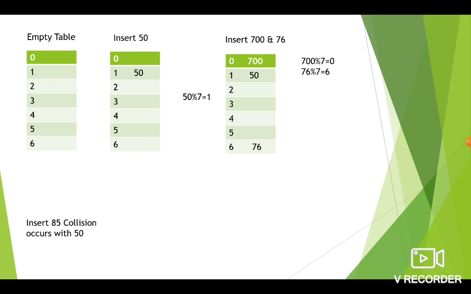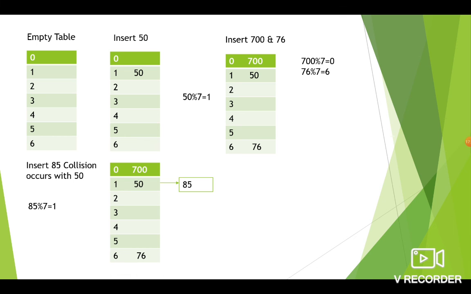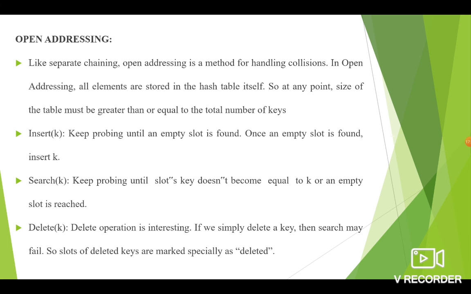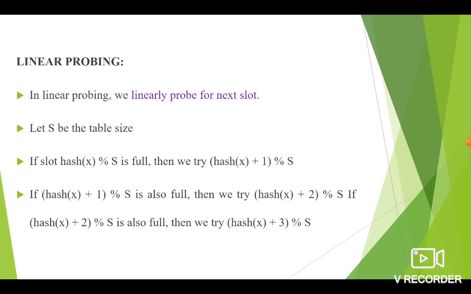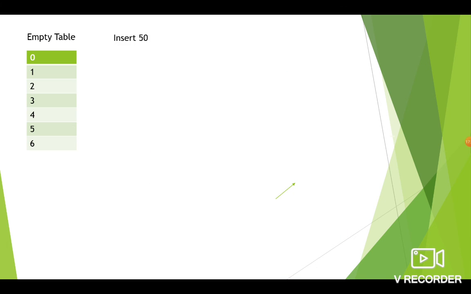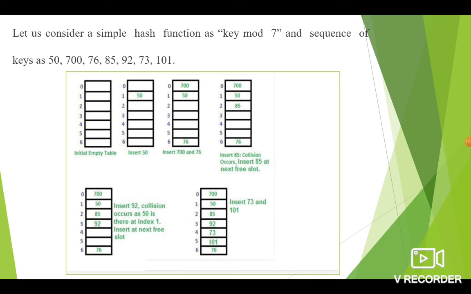If we move to open addressing, we have two methods: linear probing and quadratic probing. What is linear probing? If collision occurs at one index, then I have to go to the next slot.